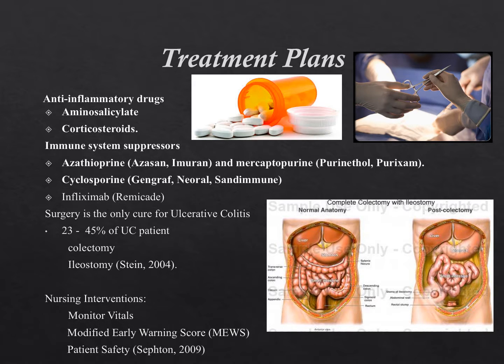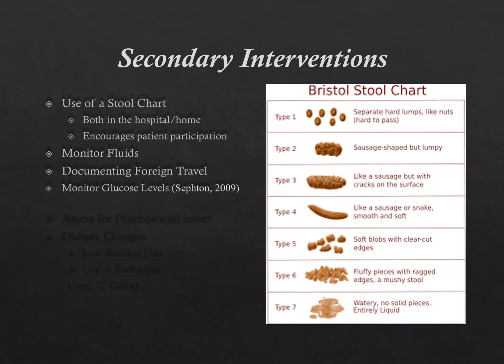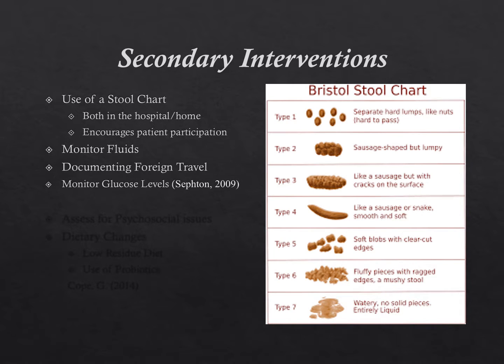And so it's really important that as nurses we monitor their vitals, especially the heart rate and respirations, using something like the modified early warning score so that we can ensure patient safety. The use of a stool chart helps to measure improvements or deterioration of a patient's condition. It can be used both at home and in the hospital, and it encourages patient participation. We also need to measure fluids to help prevent dehydration.